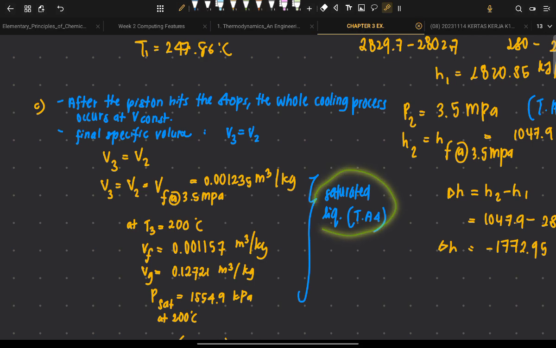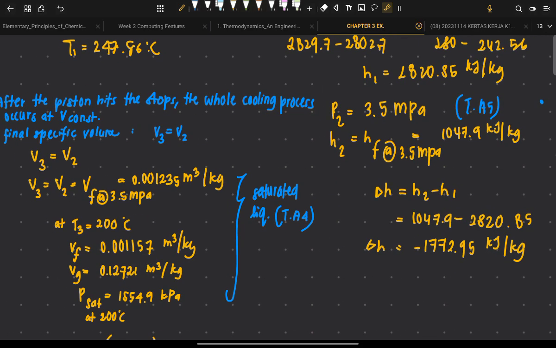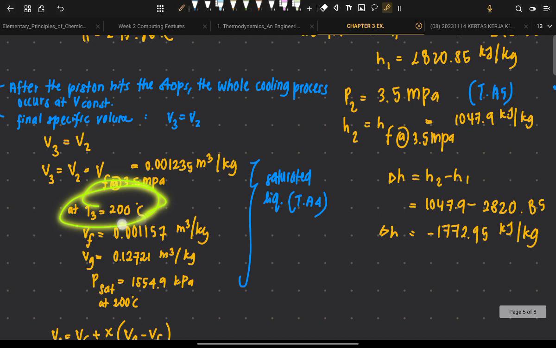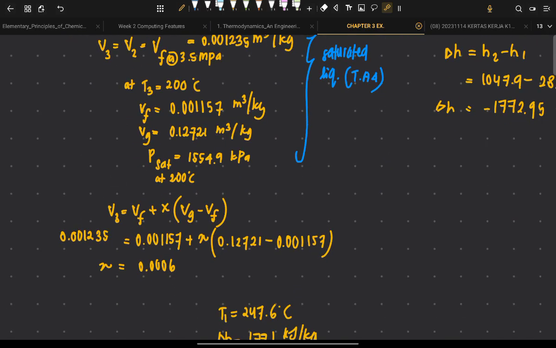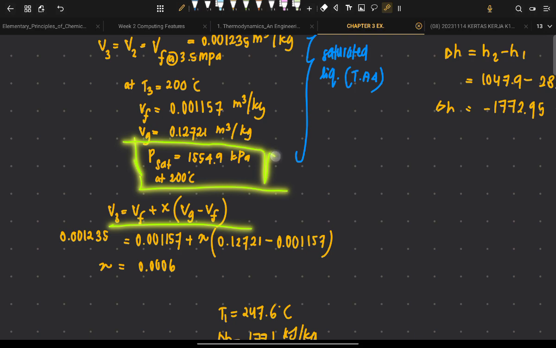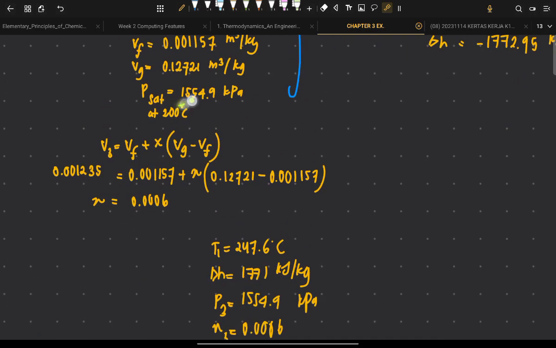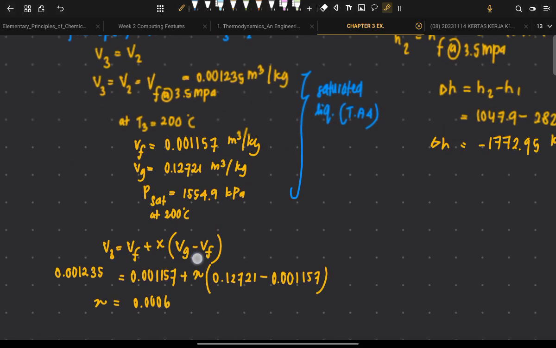You can find it at table A4. Table A4 at T3 200 degrees Celsius, and you can find this and this, and actually you can get the answer here, which is Psat is 1554.9.